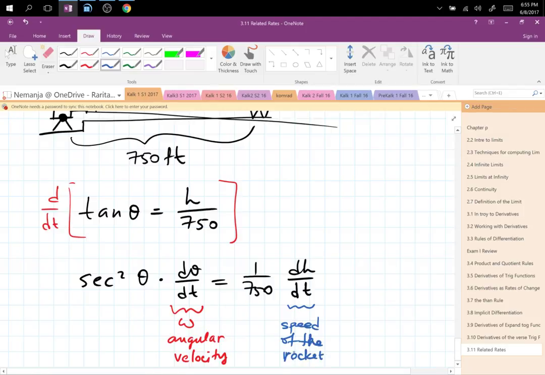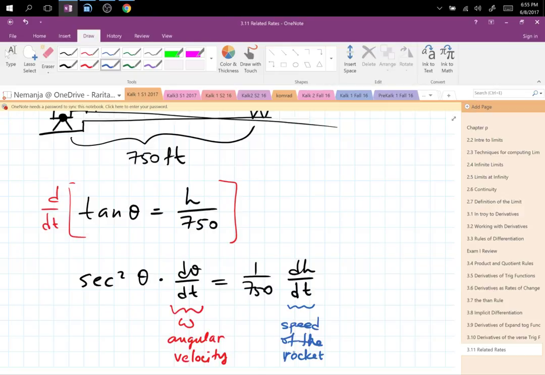Speed of the rocket up. That's all it is. See how simple this stuff is? It's amazingly simple. And you see how just the things that you need that play a role are in these equations. You write one equation, you take the derivative of it, and boom, you have all you need.